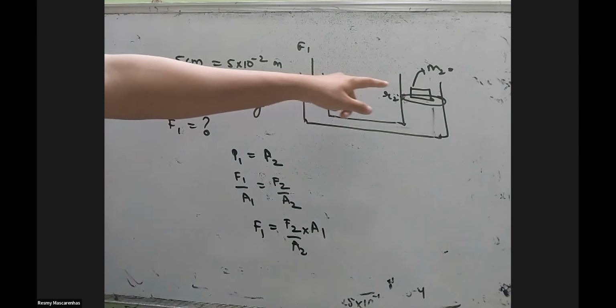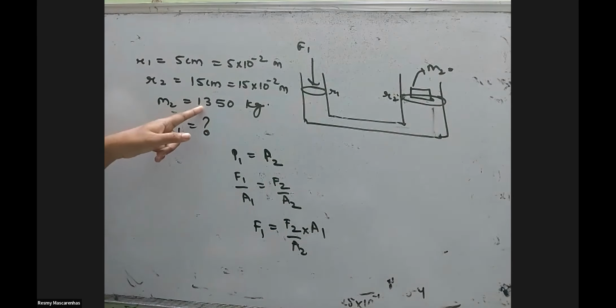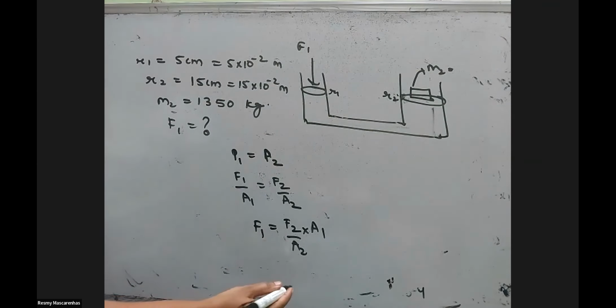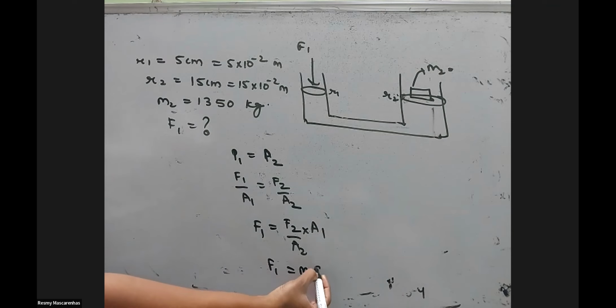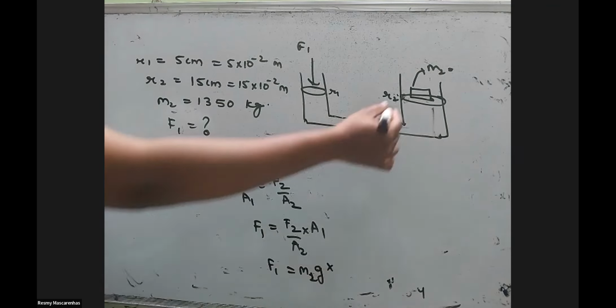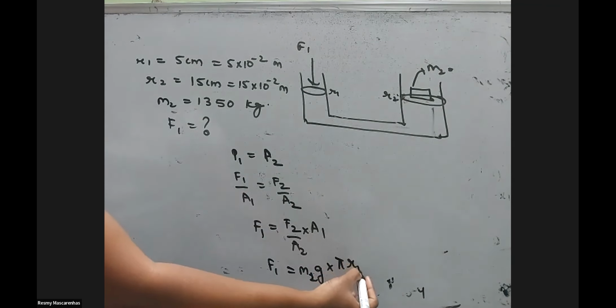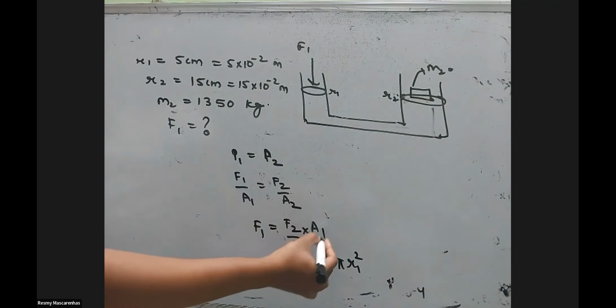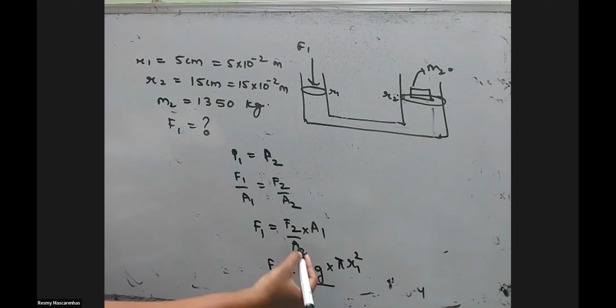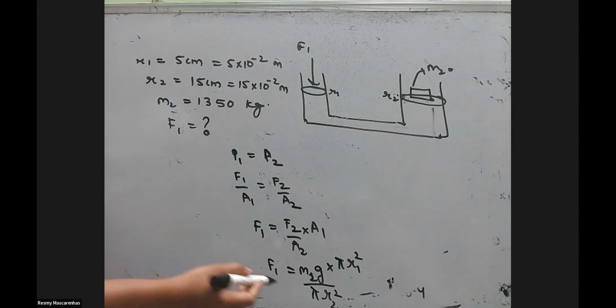Now force 2 has not been given but mass has been given, so F2 I can use as mg. A1 means area of the first piston, so pi r1 squared, area of a circle. And A2 will be pi r2 squared, the area of the second piston. Pi and pi will cancel.